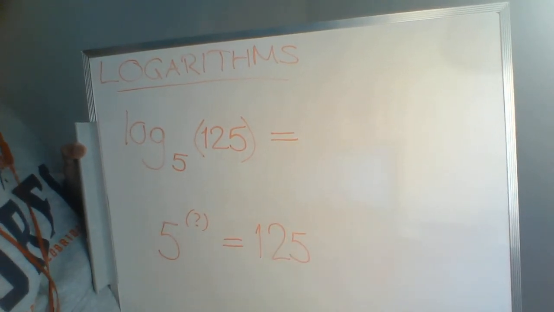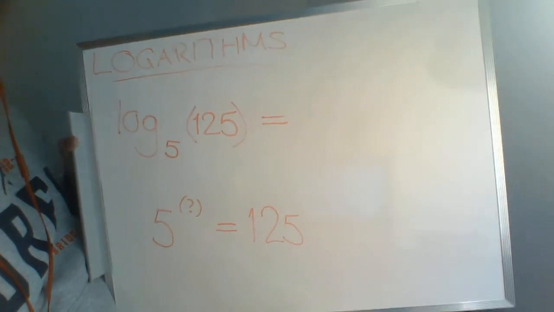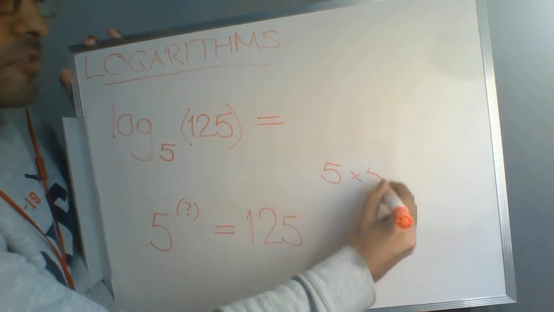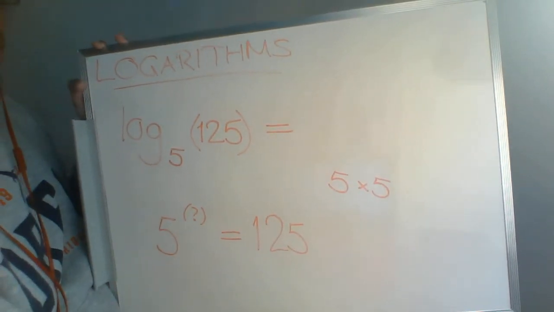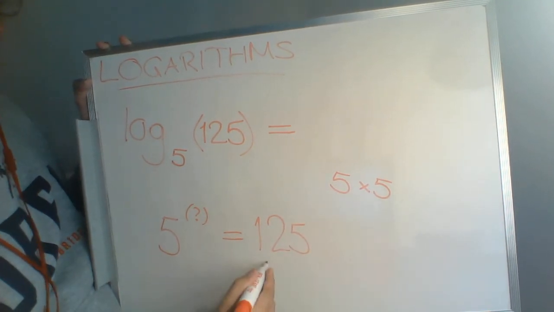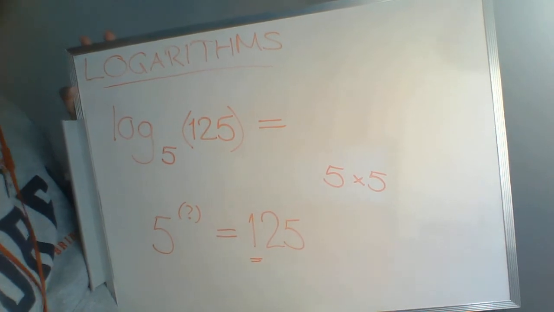Now, if you don't know it off the top of your head, we'll just go ahead and multiply a few 5s together and see what happens. So we'll start off by taking 2 of them. We'll do 5 times 5 and see what that gives us. Well, 5 times 5 is 25, but our target is 125. So 5 times 5 is not going to be enough. Let's throw in another 5.